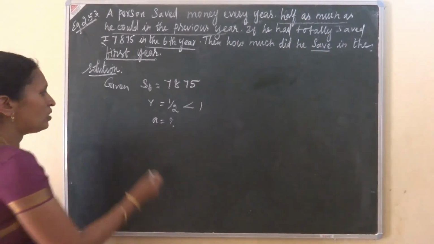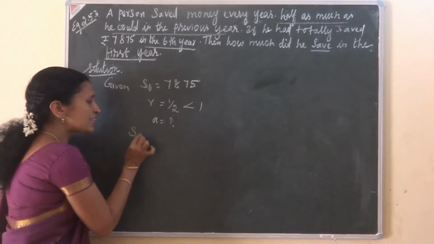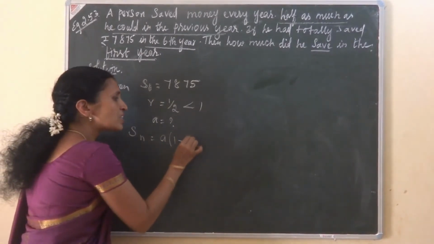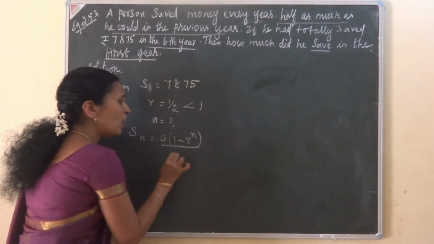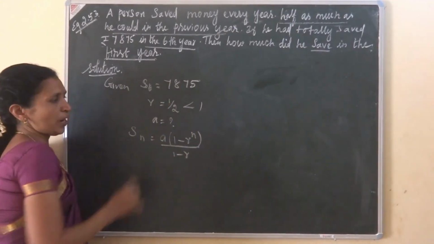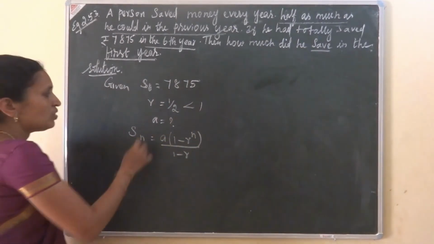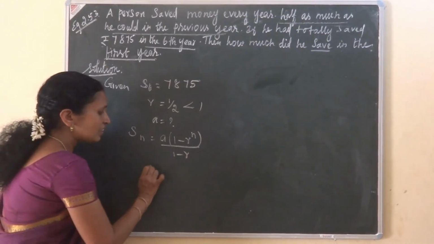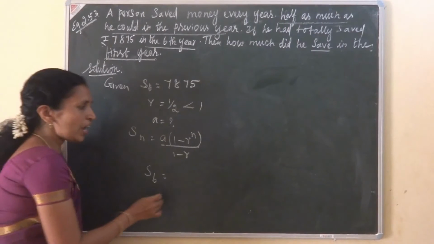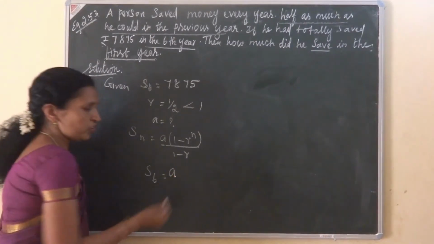Now, what's the formula? Sn equal to A into 1 minus R power n divided by 1 minus R, because R is less than 1. Now, S6 equal to, apply the values. The value of A you don't know.